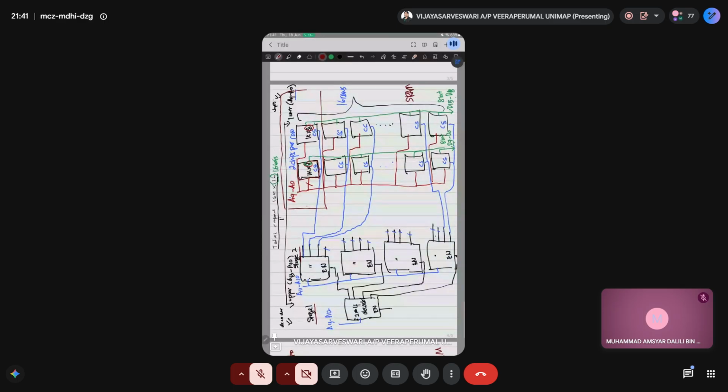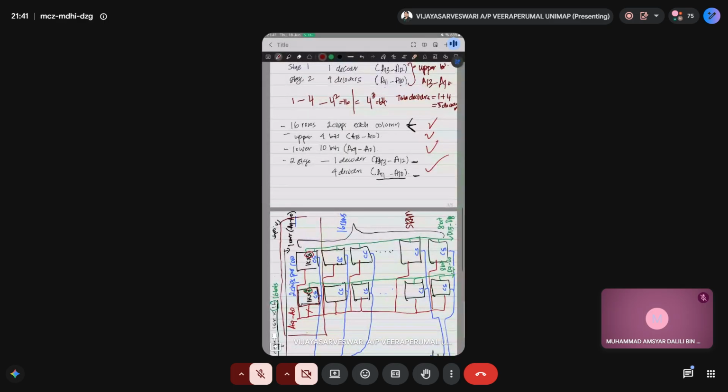Madam, for the design part, stage 1 always starts with only one decoder, right? Yes, one decoder only. Every time, we start from 1. For example, 6/1: below it is 1, then stage 2 becomes 6. Let's say I give you another example.